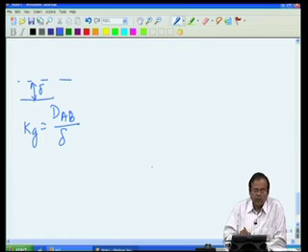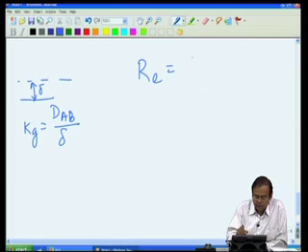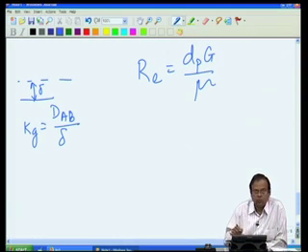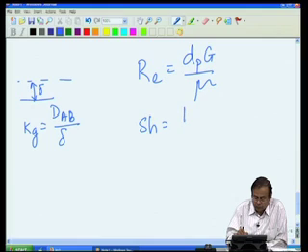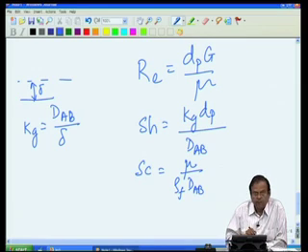How do we estimate this? We typically use various kinds of correlations involving Reynolds number, particle diameter, superficial gas velocity, viscosity, and Sherwood number, Kg dP by dAB, where dP is the diameter of the particle, Kg is the mass transfer coefficient, dAB is the diffusivity, and the Schmidt number, mu by rho f into dAB, viscosity divided by the density of the fluid times dAB.